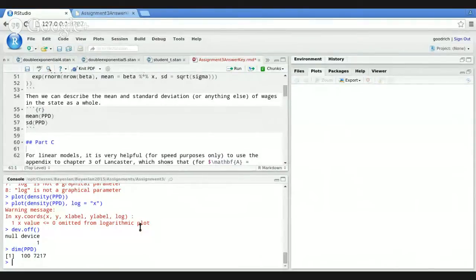In this case, because it was census data and we wanted to ostensibly make a conclusion about the state as a whole, it was good for us to not think of a particular person, but also to take into account the distribution of X's in that state. So we have a representative sample, ostensibly, of 7,200 people from Idaho or whatever state you had. So we want to say something about a state distribution rather than an individual.